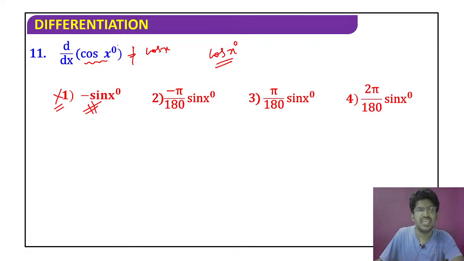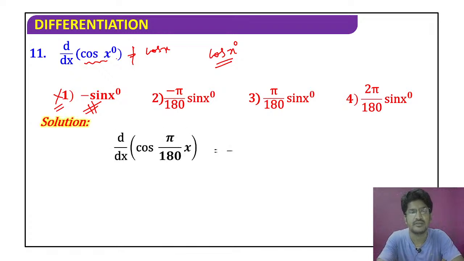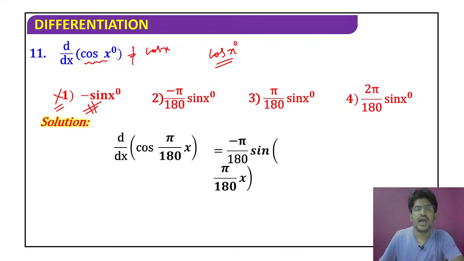This degree has to be converted to radians. So I will multiply this x degrees with pi by 180. So therefore, pi by 180 into x. I should get this. Next, I should differentiate this cos of pi by 180 x.